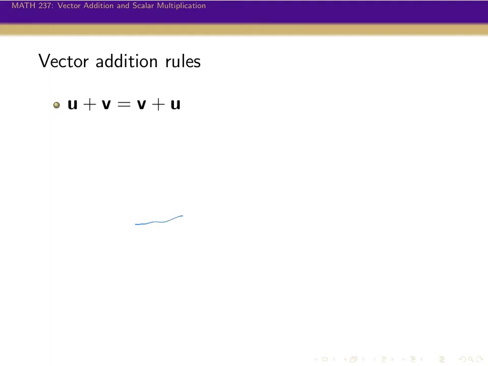So if we have that being u and that being v, but then on the other hand we did v first and then u. So this is v, this is u.